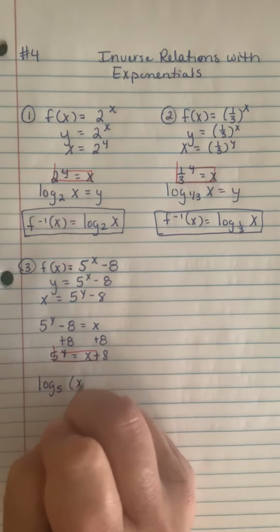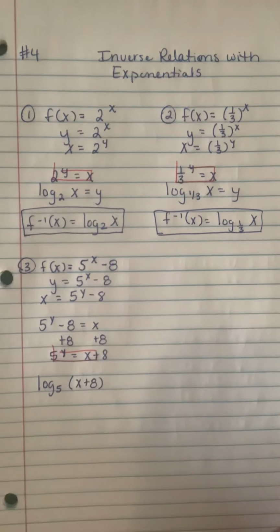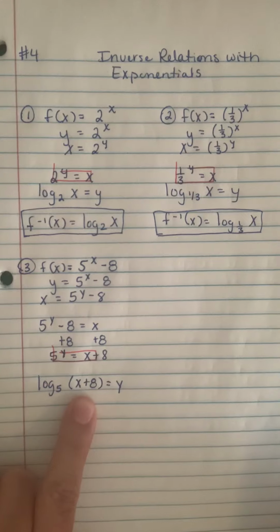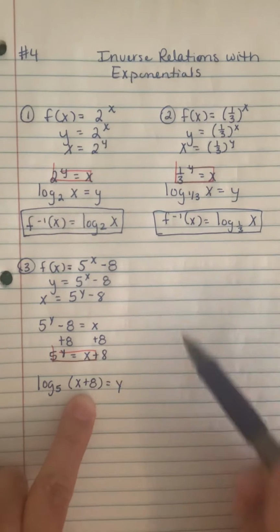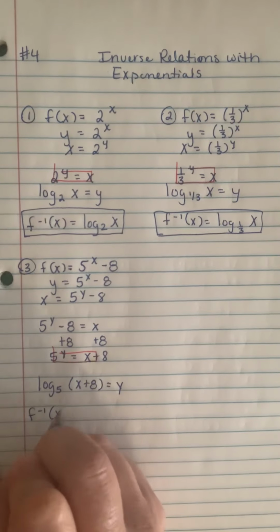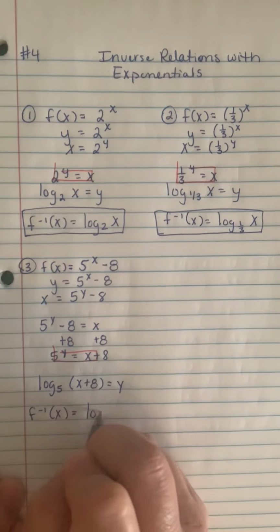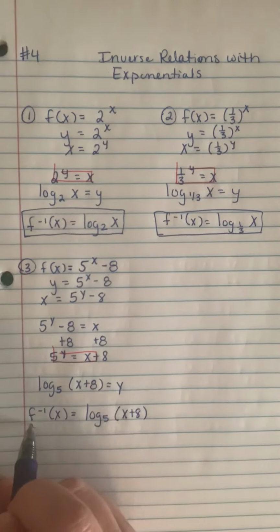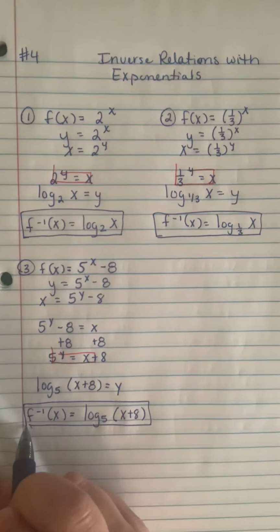And I'm going to put this x plus 8 in parentheses equals y. And the reason why I'm putting this in parentheses is going to come into effect for this next problem that I'm going to do. So f to the -1 of x equals log base 5 of x plus 8. And that will be your answer right there.